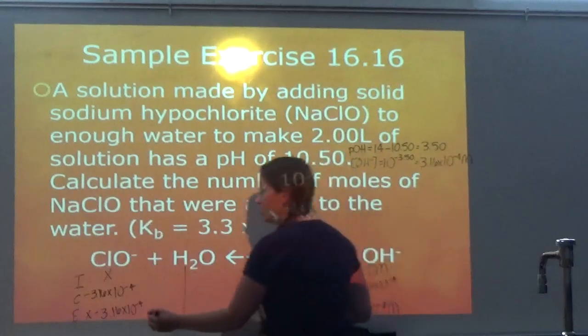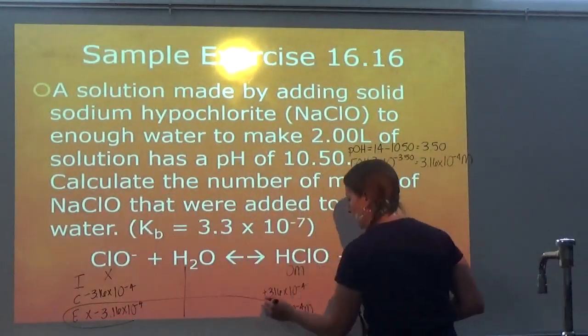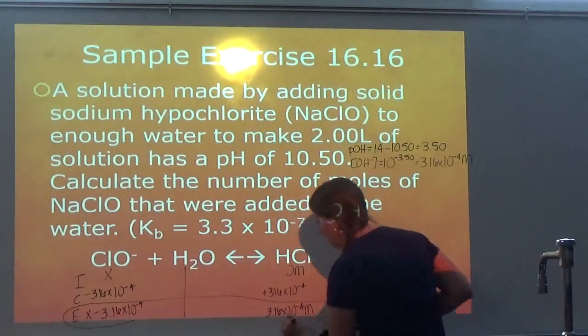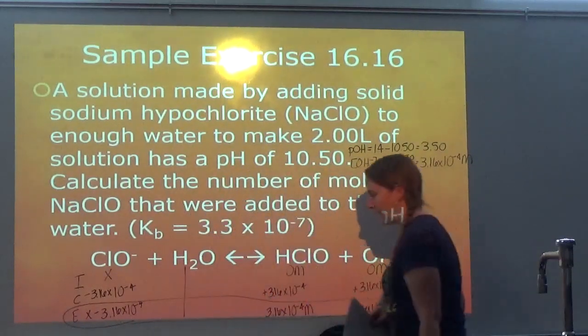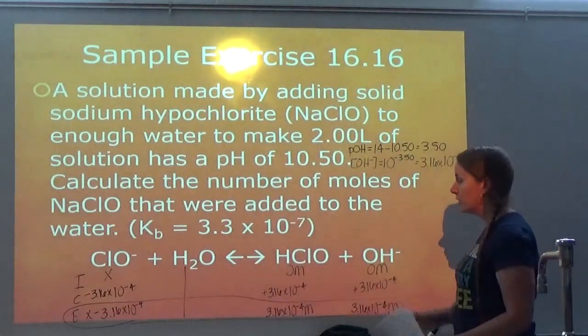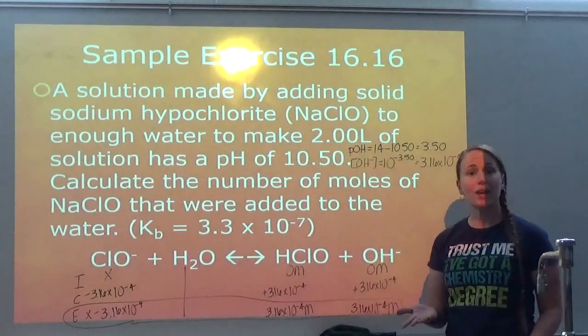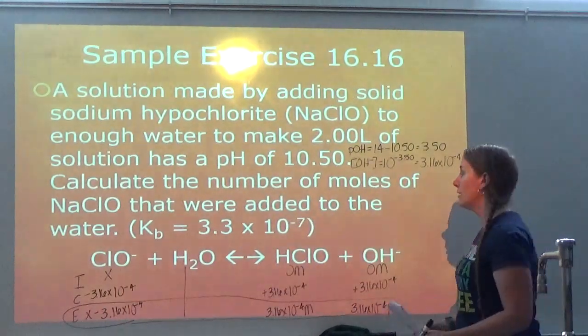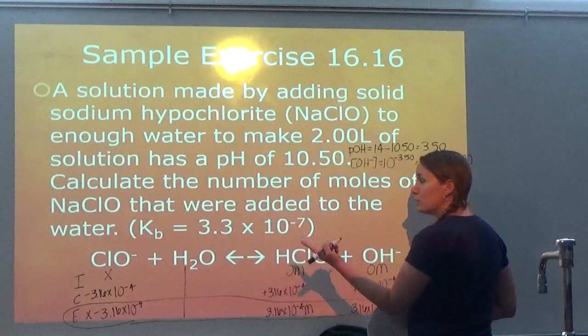Okay, so remember, once you have your whole row of your equilibrium amounts, whew, that's a crooked line right there. Once you have all those, then you can use your Kb to solve for x. Okay, so I'm just going to go ahead and plug in.